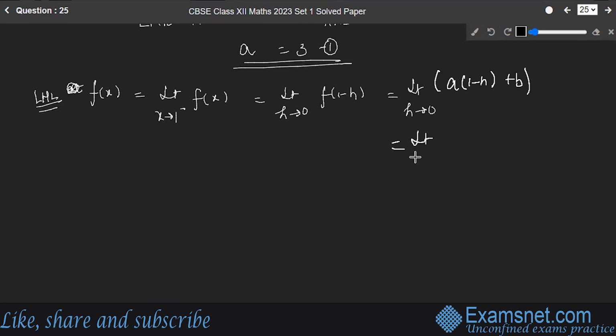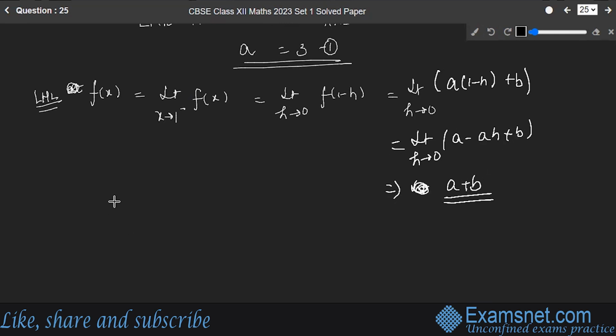This gives me limit h approaching 0, a minus ah plus b. A was already equal to 3, so this will be 0, a minus b only, right?